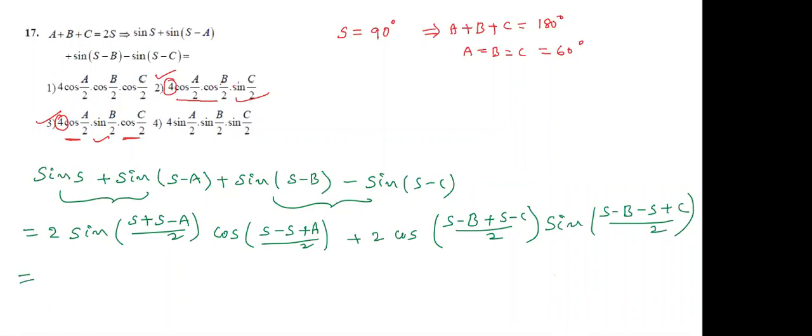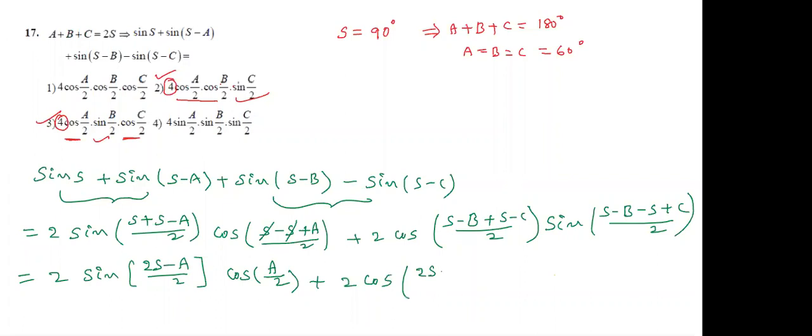Okay, students, here 2 sin, what is that? 2 sin of (2S minus A)/2, cos: S cancels, so you will get A/2, plus 2 cos of (2S minus B minus C)/2, sin: minus S plus S cancels, so minus B plus C, minus B plus C by 2.